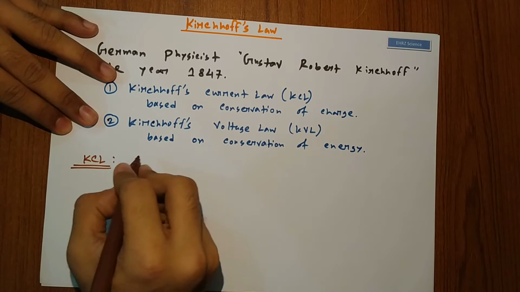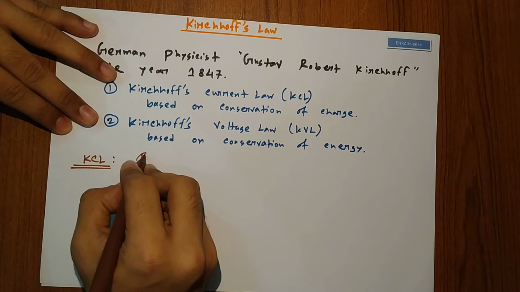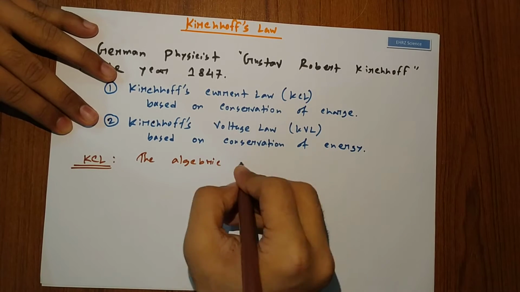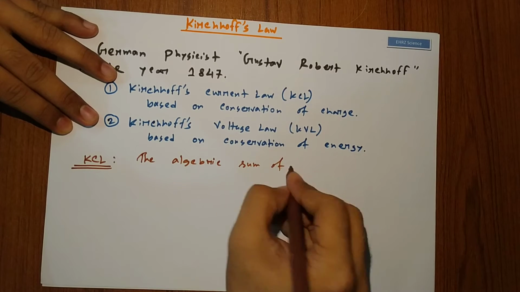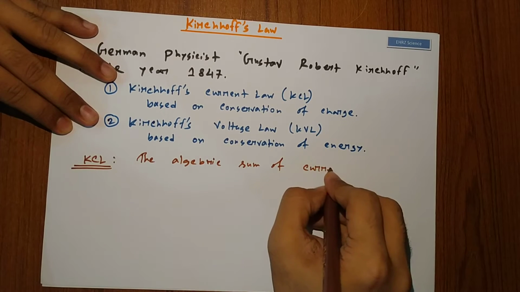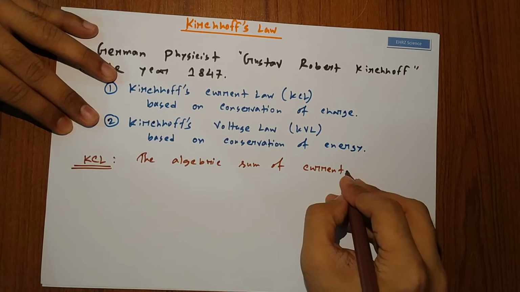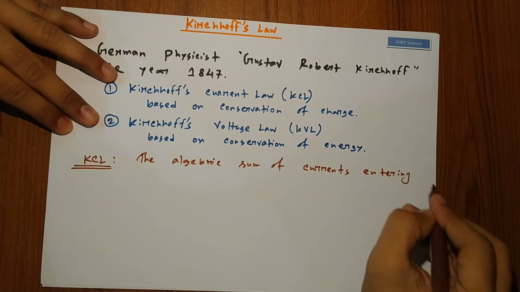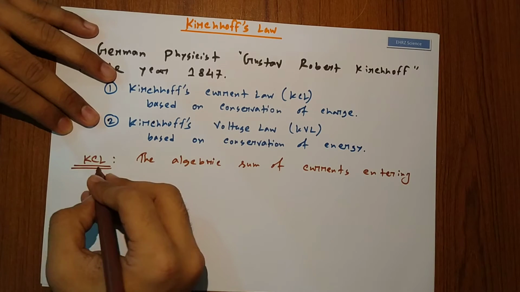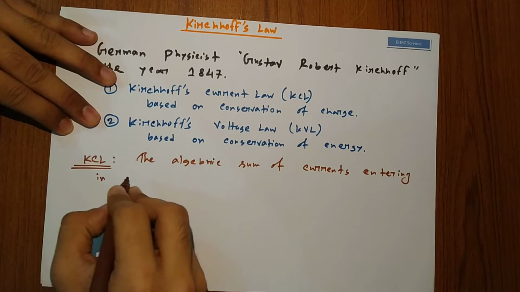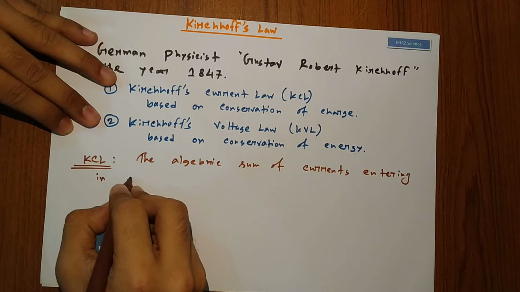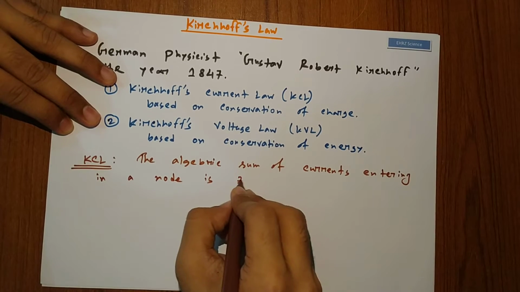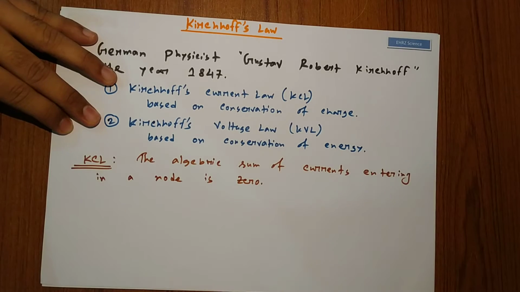Kirchhoff's current law states that the algebraic sum of currents entering in a node is 0.